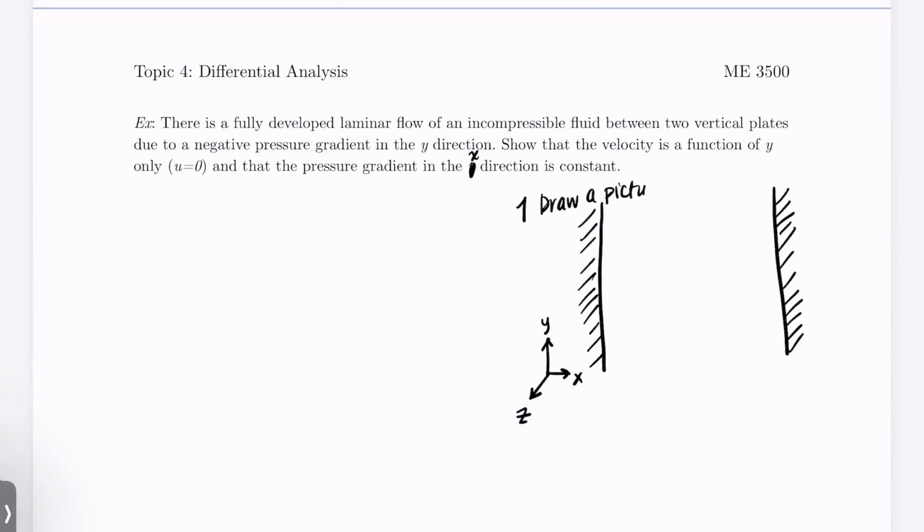So we've drawn our picture. Step 2 is our assumptions. We have a few things that are already given to us. We have that it's fully developed. We have that it is incompressible.